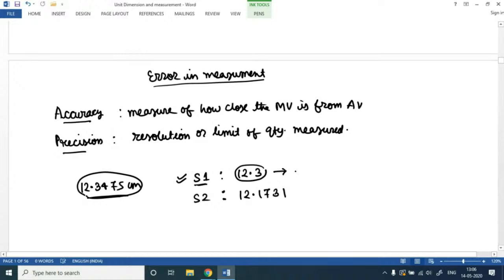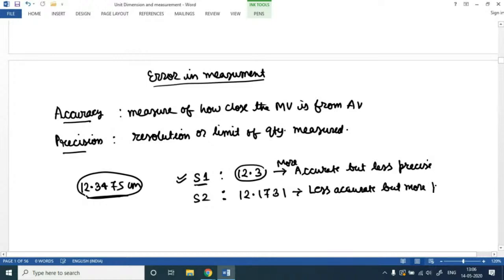So this one is more accurate, but less precise. Why is it less precise? This other one is less accurate, but more precise.